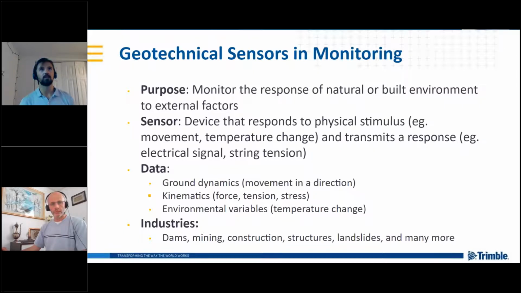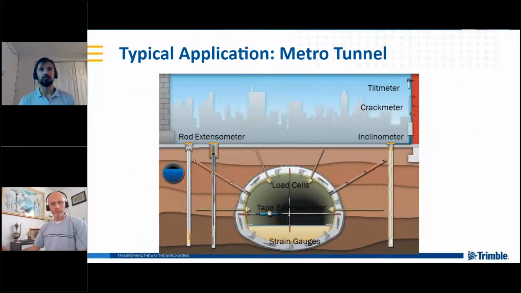We'll look at a couple of examples of where you would see geotechnical sensors installed on some primary large construction and other projects. In this case, we have a metro tunnel where you can see that we have geotechnical sensors not only on and in the tunnel itself, but also on the structures above and the surrounding ground surface around the tunnel.